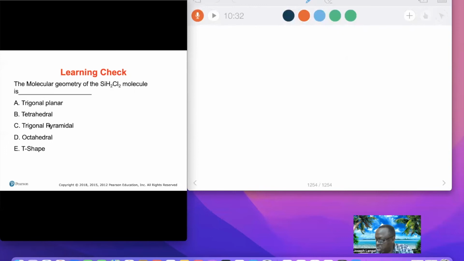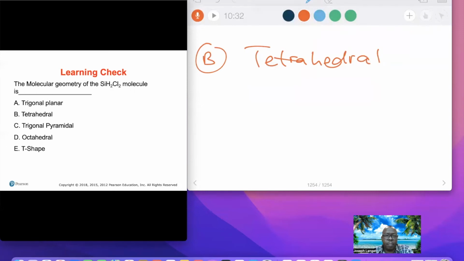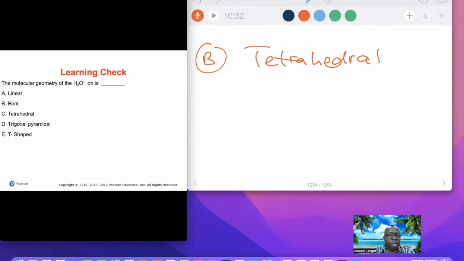This is tetrahedral. Because of time, you usually end up with B here. That is tetrahedral. Please send me an email if you cannot figure this out, and I'll walk you through how to predict the molecular geometry for this molecule.